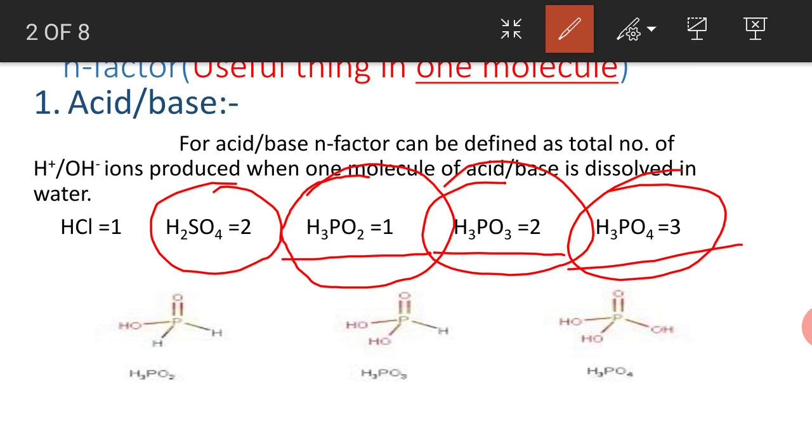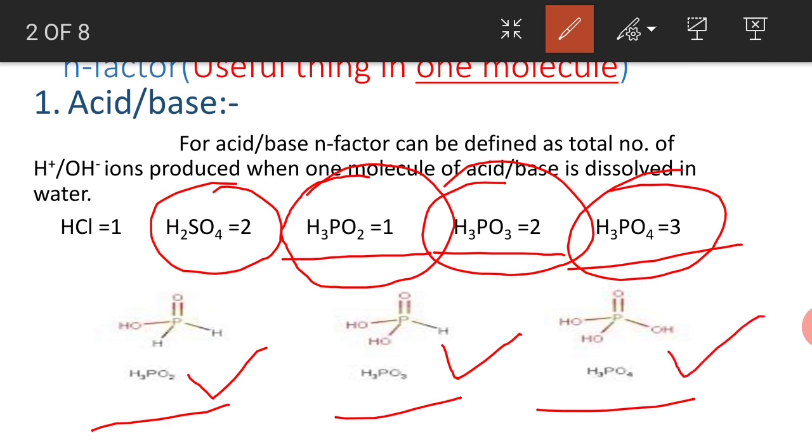How do we get that? We can learn about these N factors by drawing their structures. First we draw the structure of H3PO2. This is the structure of H3PO2, this is the structure of H3PO3, and this is the structure of H3PO4.